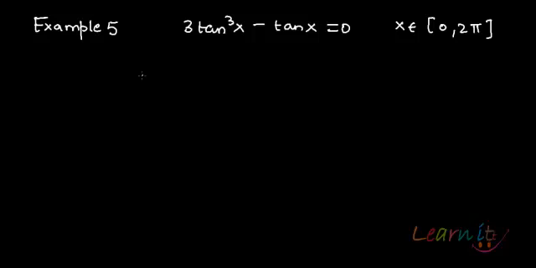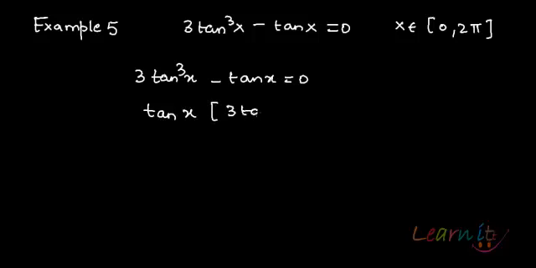So let us just take it: tan cube x minus tan x equals 0. I can take tan common, right? So I have tan x into 3 tan square x minus 1 equals 0. So I have factors out here.